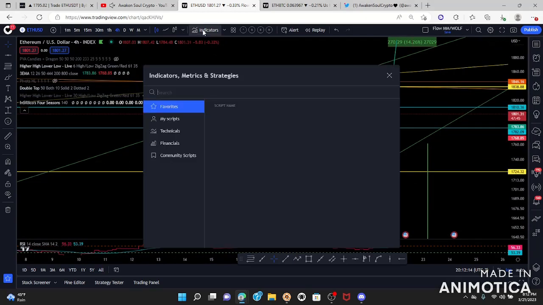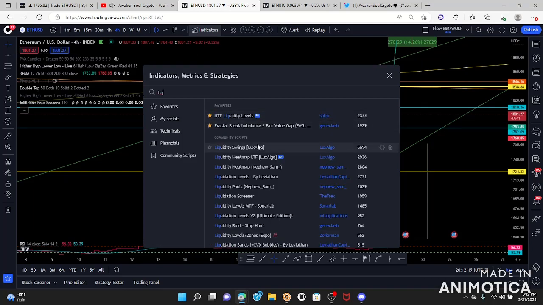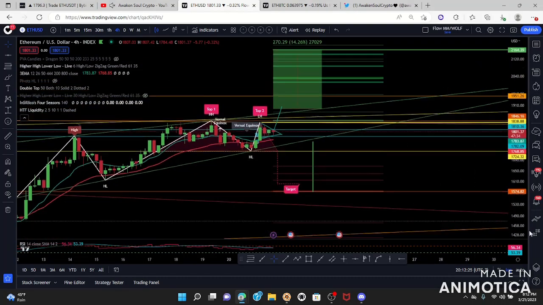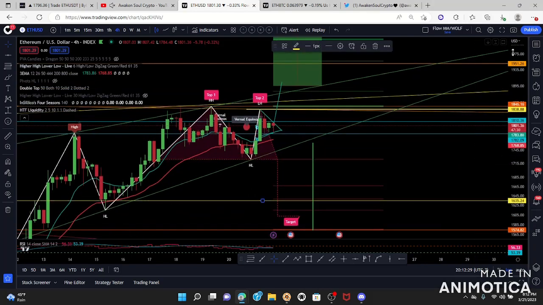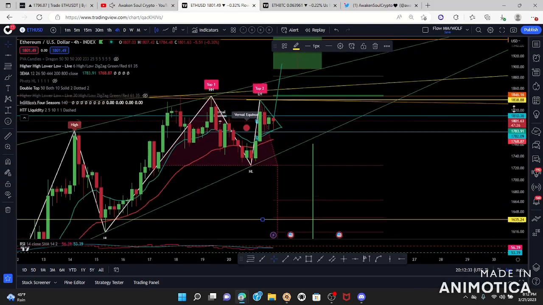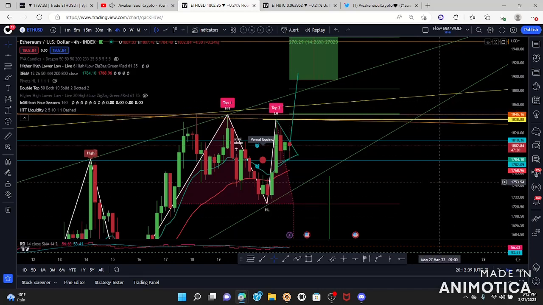And there is a liquidity indicator, fractal break, this one. This liquidity shows you where there's a lot of liquidity. So there's a lot of bullish. The closest one is this one. That could give us a double top here, and then continue to the downside.